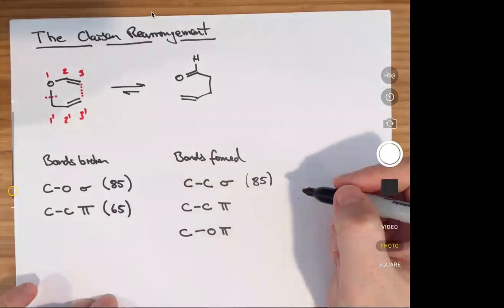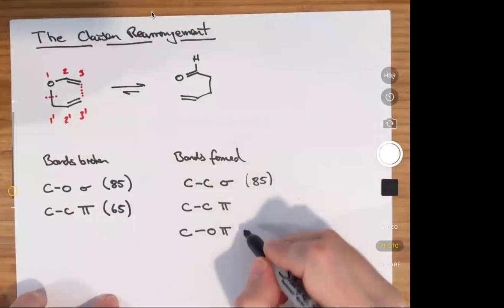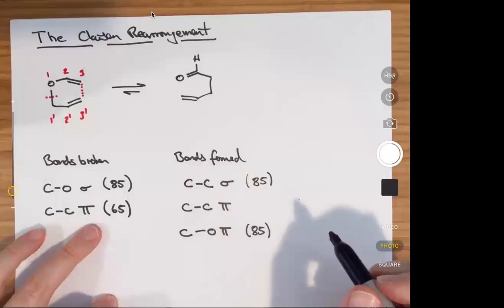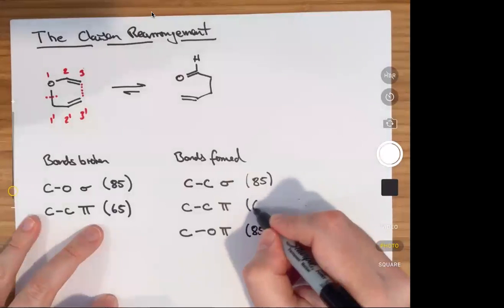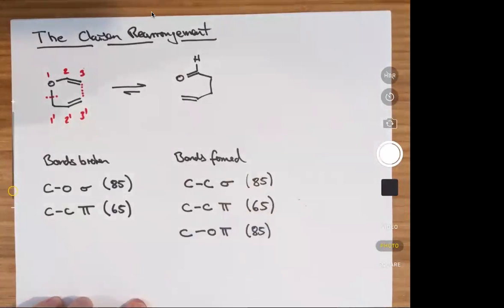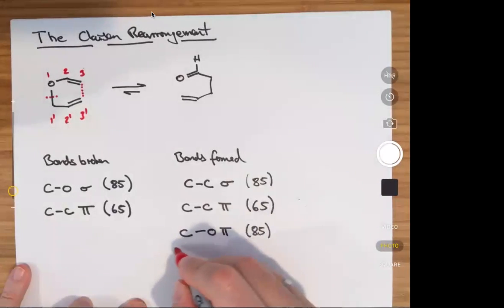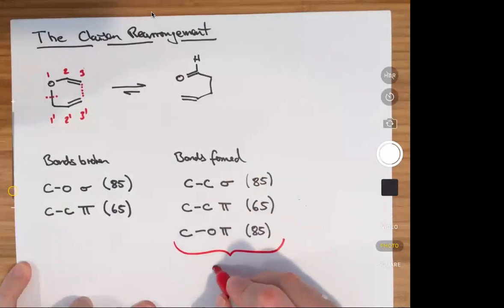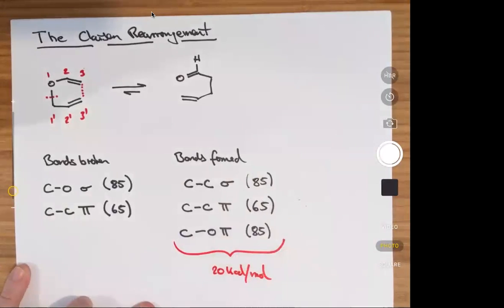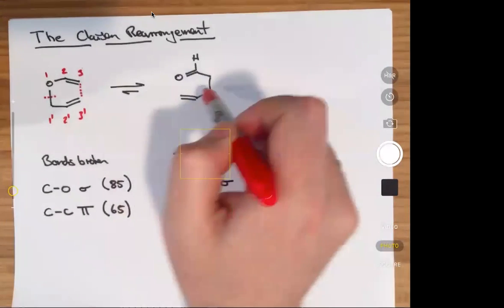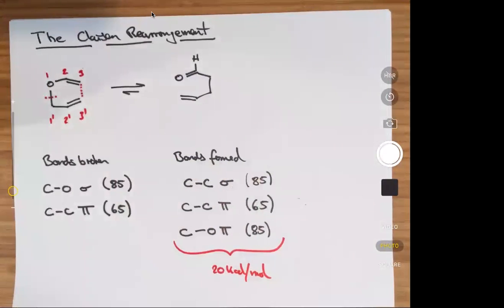And then the CO pi bond here is 85 kilocalories per mole. And we had here the carbon-carbon pi bond as 65 already. So ballpark is that the driving force for forming the rearranged product here is a net gain in bond energy of around 20 kilocal per mole that lowers the energy in the system. So the driving force lies far on the side of the rearranged product.